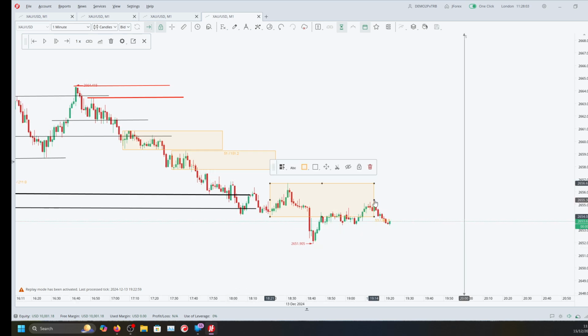See, what you don't want to see. If you can get in short here and put your stop up here, if price starts coming through this and breaking through here, you don't really want to be short anyway. So just go short in here and put your stop up here.